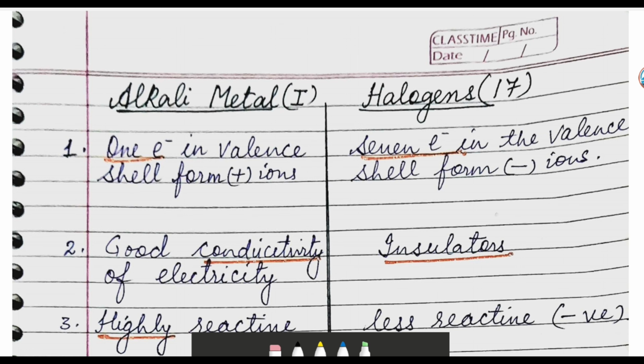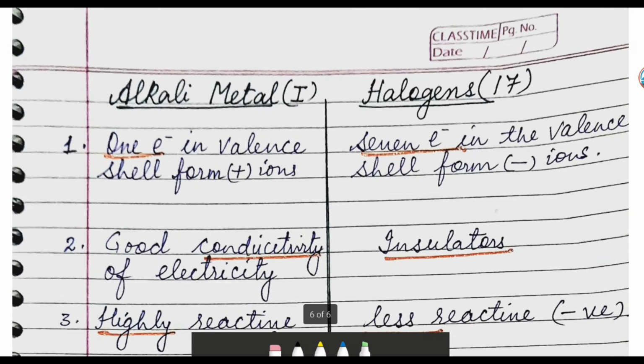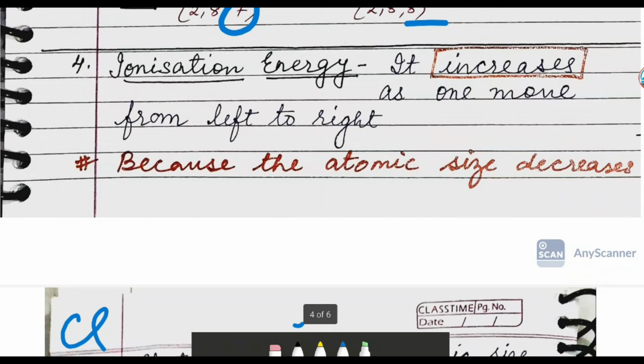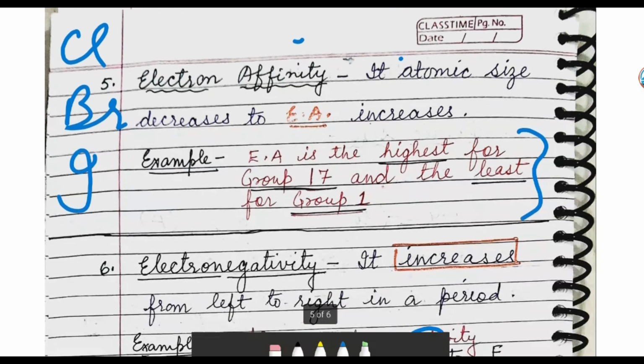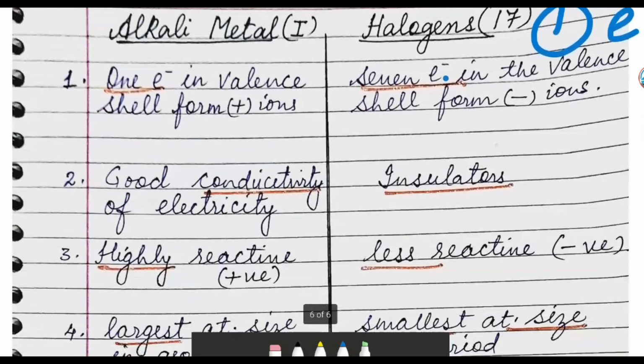What are alkali metals? 1 electron in the valence shell; here 7 electrons in the valence shell. They need only 1 electron to complete their valence shell. That is why their electronegativity is highest and electron affinity is highest.